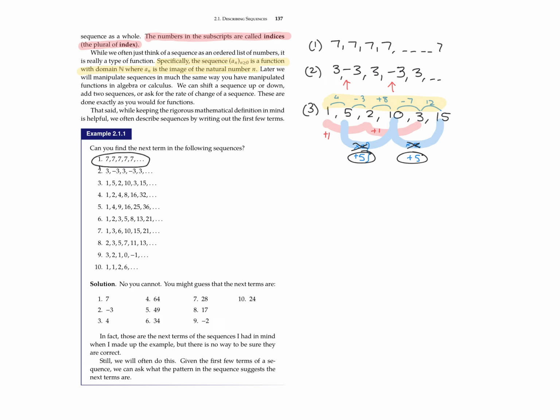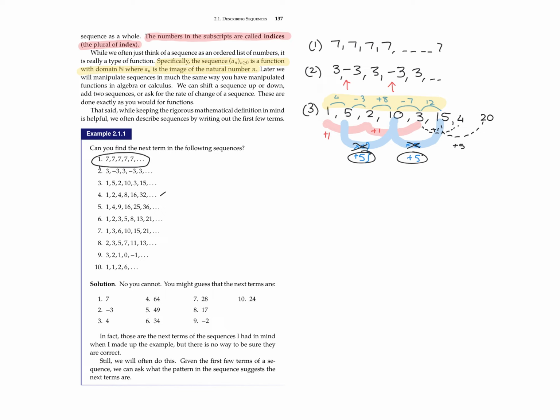So the very next term will come from the 3. I'll add a 1, and that will be a 4. And the term after that, here I will add a 5, and we will then get the 20. So can you find the next term in the sequence as we've looked at the first 3?